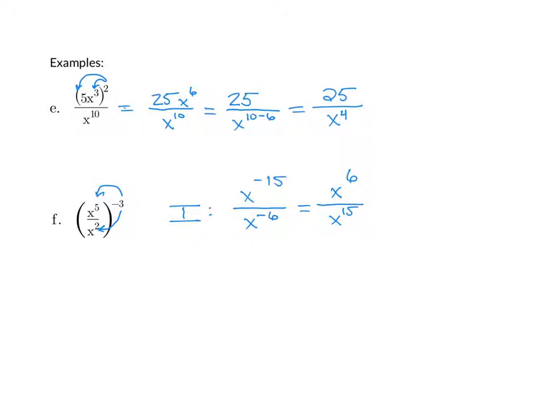And I'm going to move my denominator up to the numerator, make my exponent positive. From here, since 6 is smaller, I'm going to subtract it from the 15. And we get 1 over x to the 15 minus 6 is 9. Okay, so this is the first one.